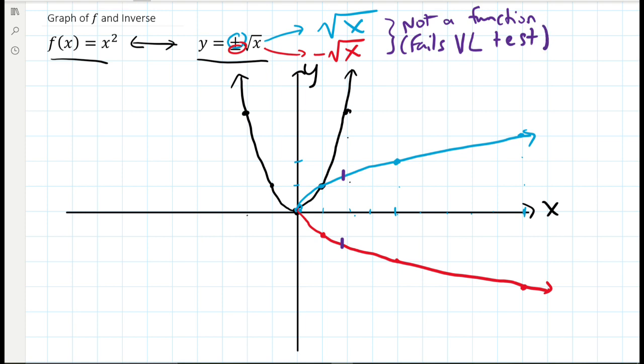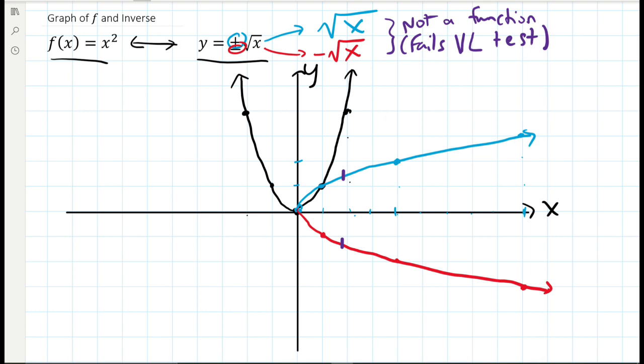All right, so we've got a couple of things here. We know that the inverse is not a function in this example, and we know that the original function, the parabola, is clearly a function, but the inverse is not.